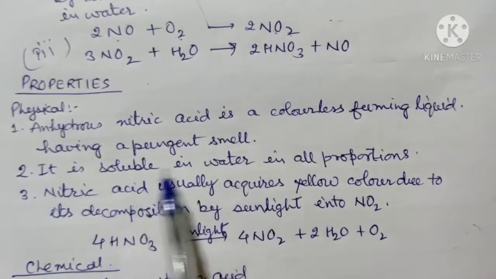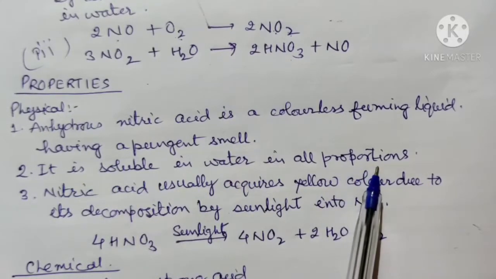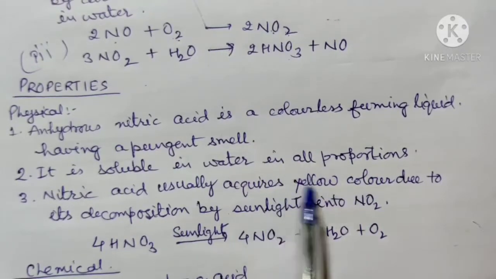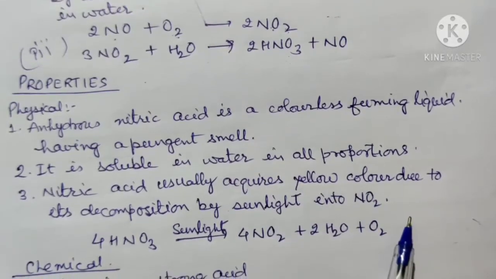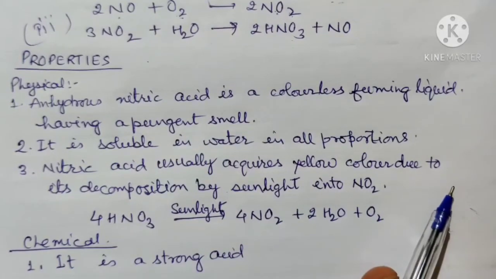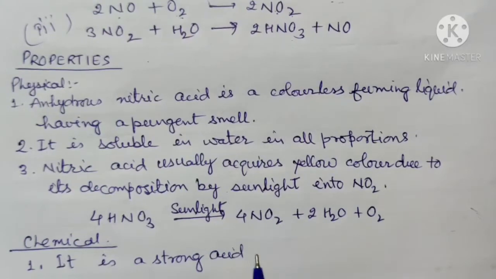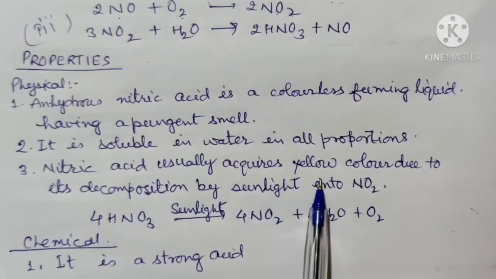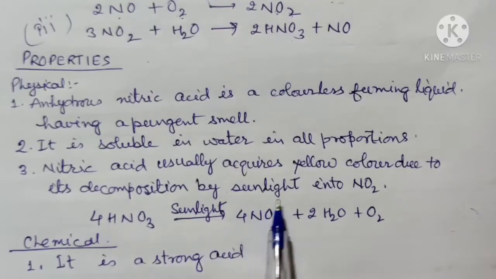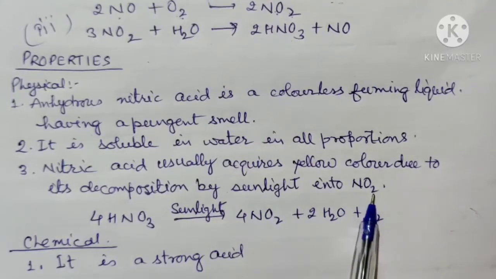The second is that it is soluble in water in all proportions, because nitric acid can form hydrogen bonds with water molecules. Nitric acid usually acquires a yellow color due to its decomposition by sunlight into nitrogen dioxide.